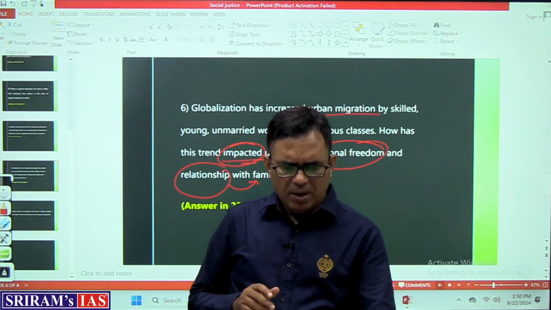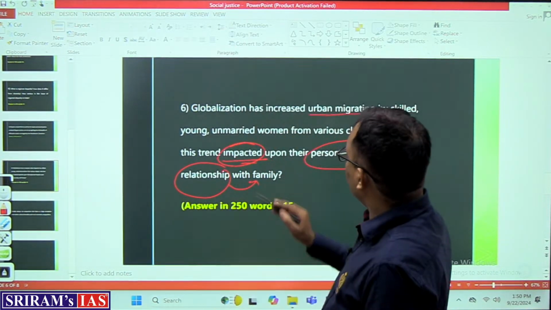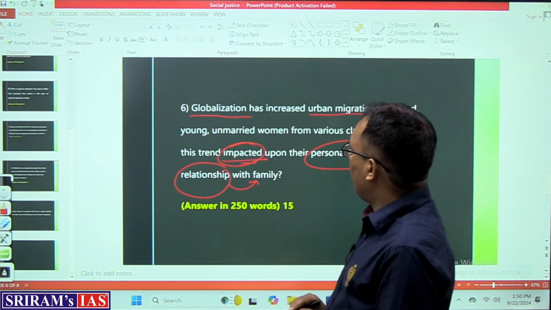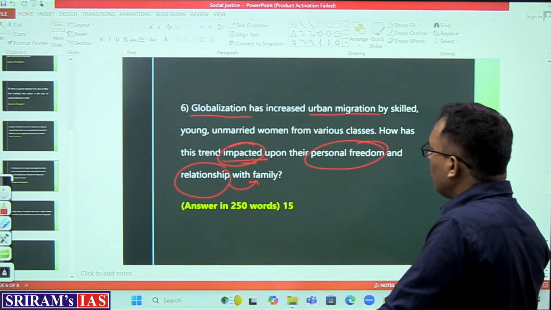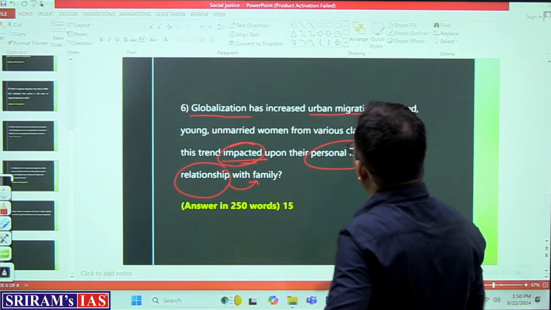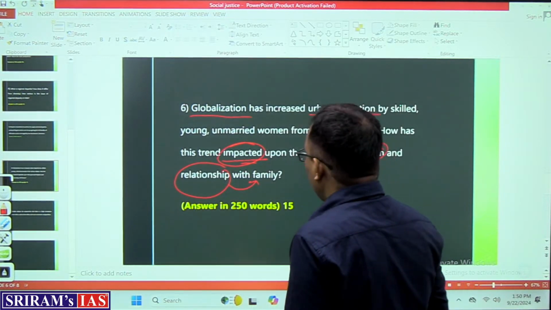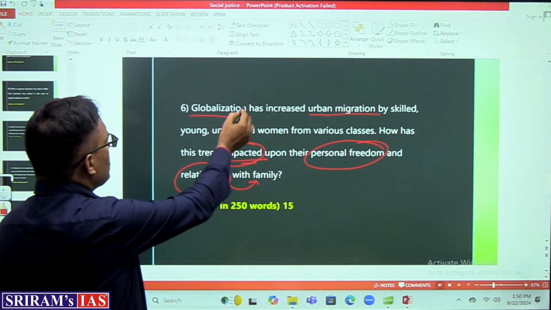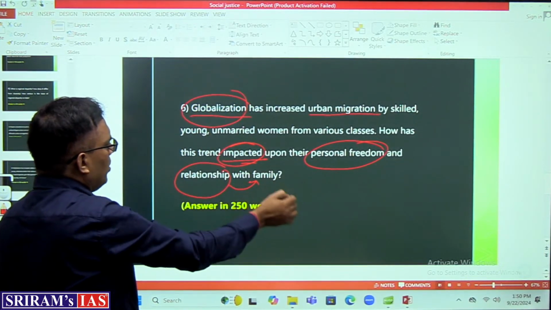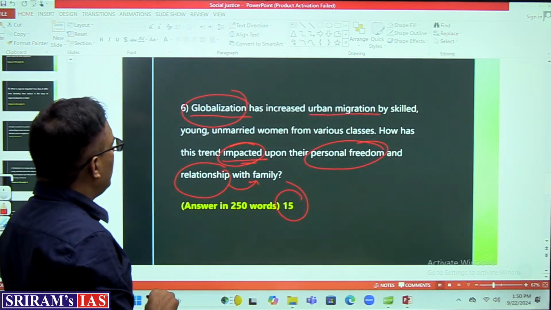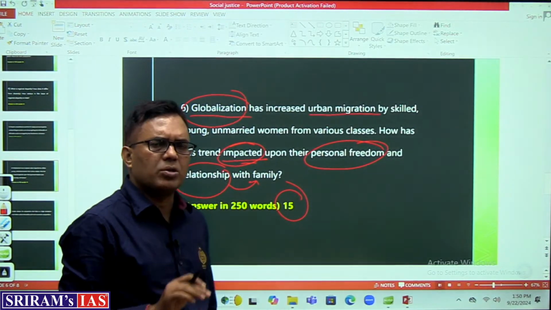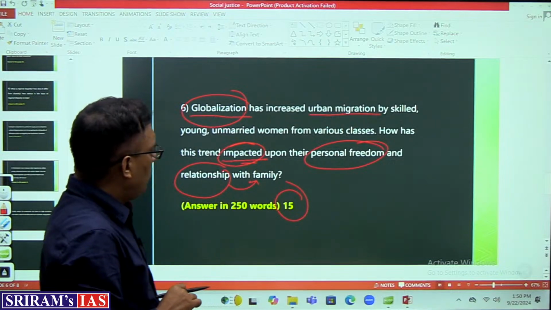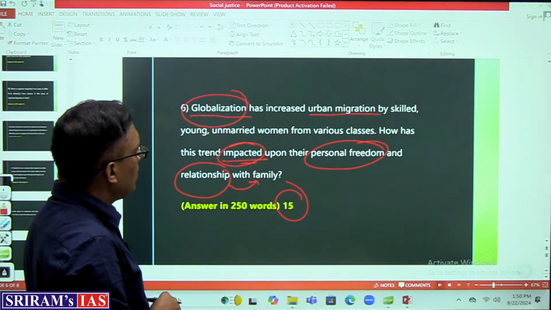Now, when we talk about globalization, the key words are personal freedom and urbanization. But first, we can begin this question, again in 15 words, by defining globalization. So in the introduction part we can define globalization.